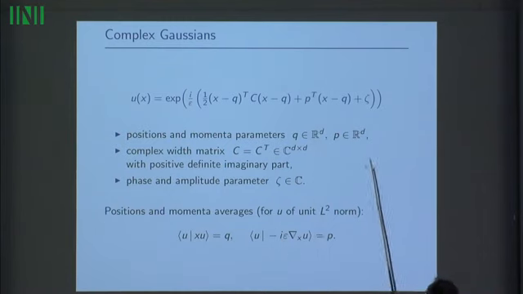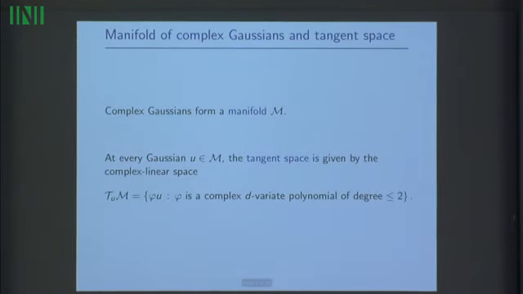In total, you get a quadratic polynomial times the Gaussian itself. So the tangent space of this manifold of Gaussians at a particular Gaussian U is just the product of polynomials up to degree 2 multiplied with a Gaussian. So that's our manifold, and it has this tangent space.